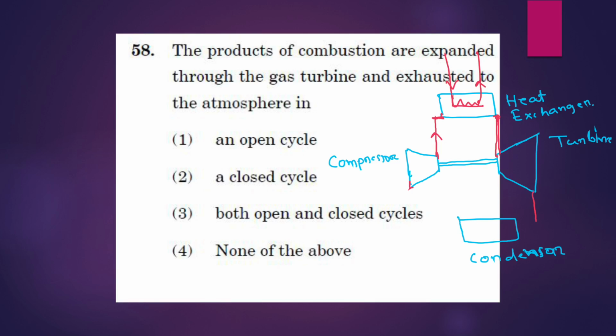Then it flows to the condenser, then it circulates again to the compressor. This is for the closed cycle gas turbine. But in the case of the open cycle turbine, it goes directly to the atmosphere. You will not get this condenser in an open cycle gas turbine. So our answer is 1.